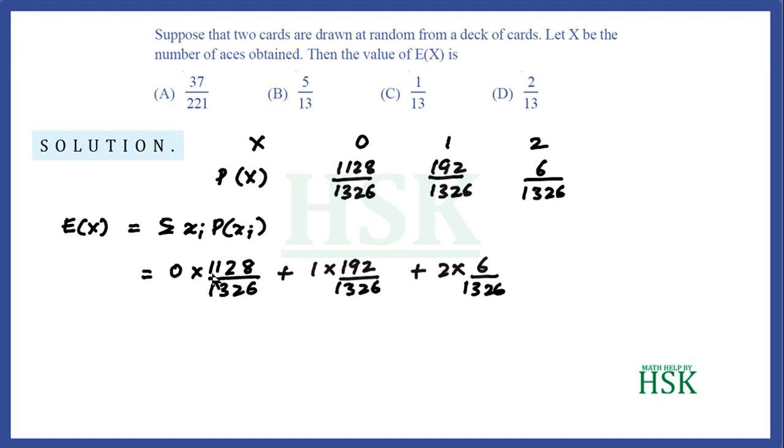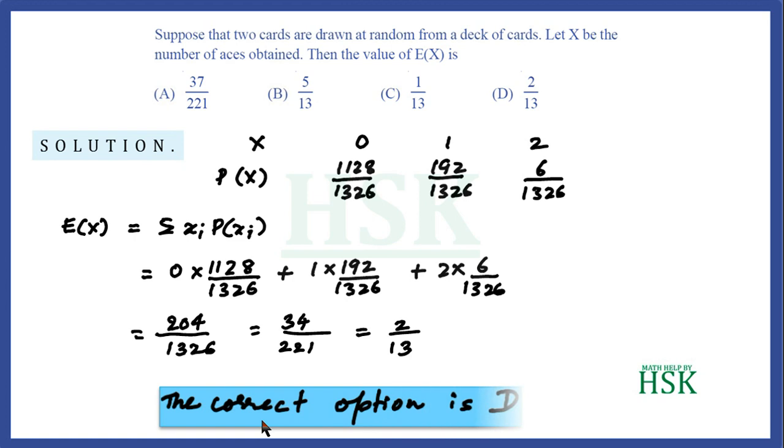So this would be 0 into 1128 upon 1326, plus 1 into 192 upon 1326, plus 2 into 6 upon 1326. This simplifies to 192 plus 12, that is, 204 upon 1326. On cancelling with 6, I get 34 upon 221, and further cancelling with 17, I get 2 upon 13, which is equal to option D. That is, the correct option is D, which is the required answer.